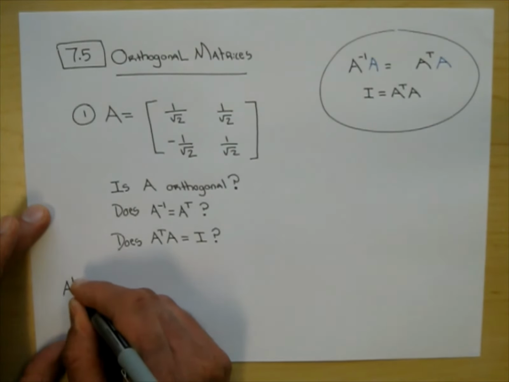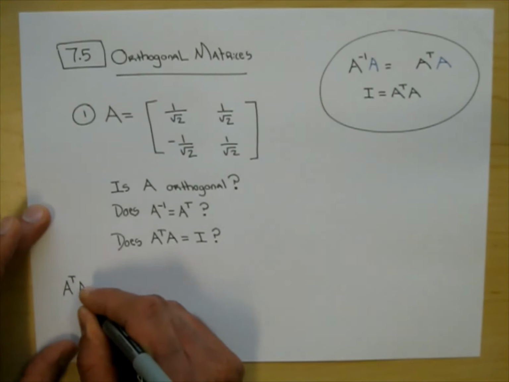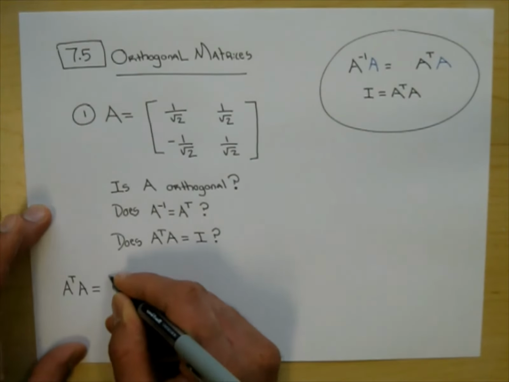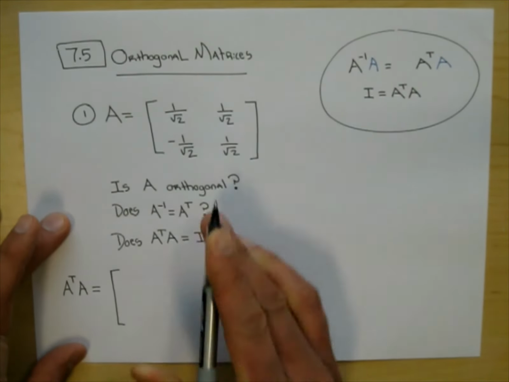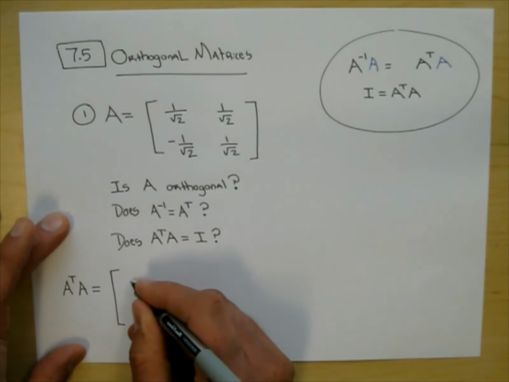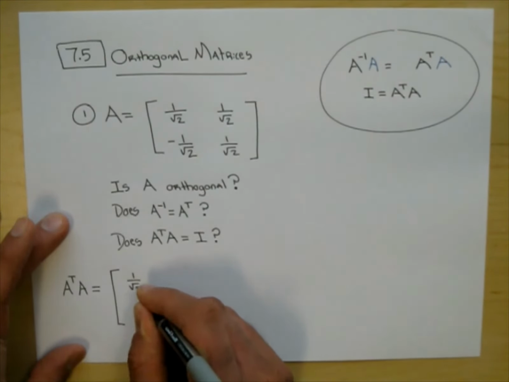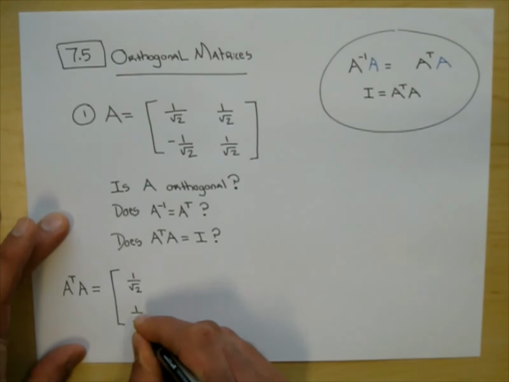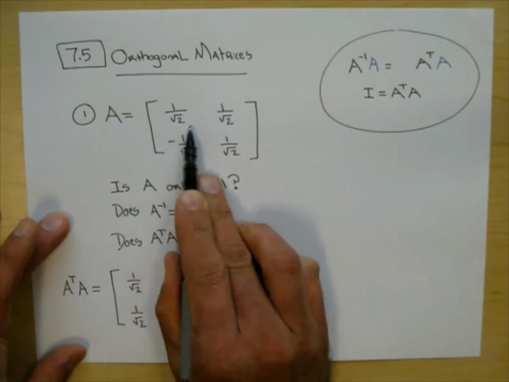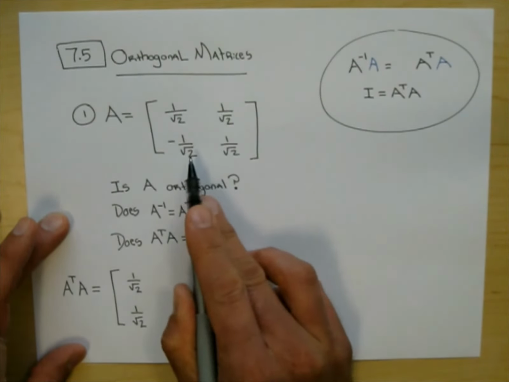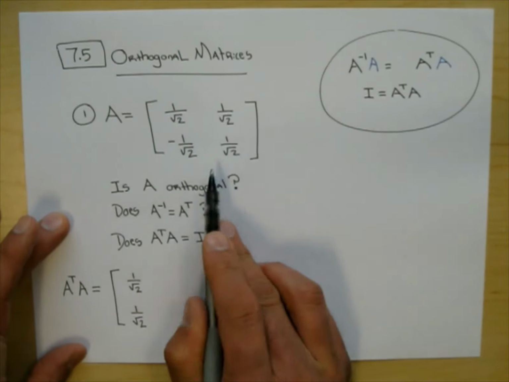A transpose A. Now A transpose is not that hard to do. I'm just going to write the first row as a column. So this is 1 over root 2, 1 over root 2. Okay, so that was the first row. It's the column. And now the second row is the second column.